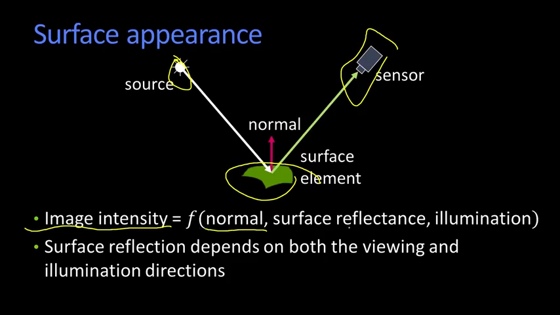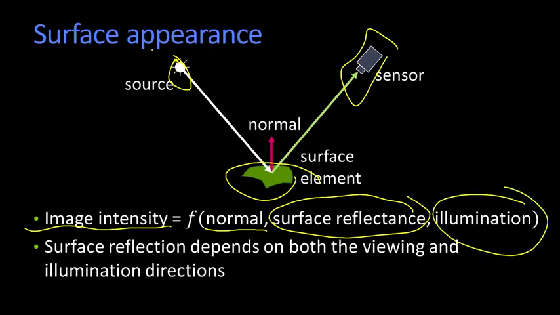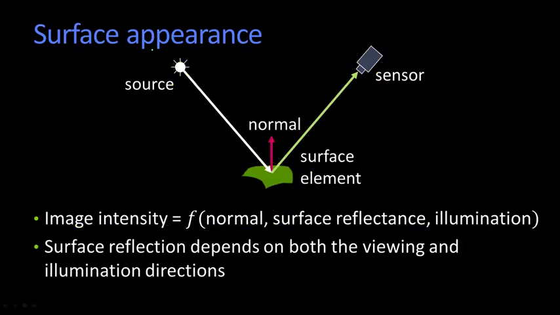Then there is the surface reflectance, that is, what are the properties of the surface that affect the light. And then there is the illumination, that is both the direction and the type of light that's coming in, its intensity, maybe its wavelengths, and those kinds of things. The amount of reflection that will be observed is a function of both the incoming direction and the outgoing direction and its relationship to the surface. We're going to make that a little bit more formal going forward.